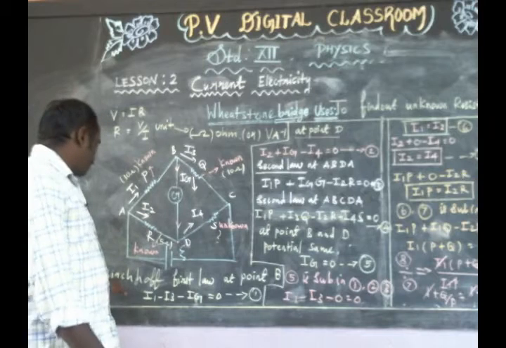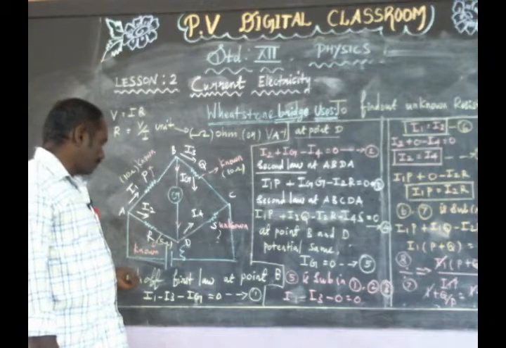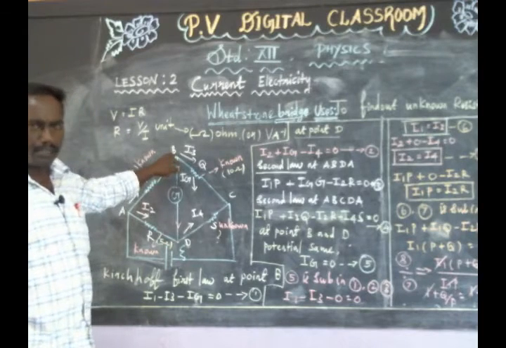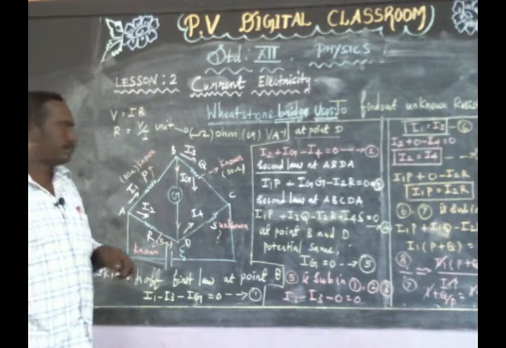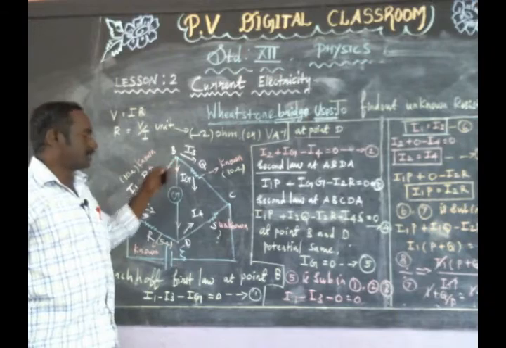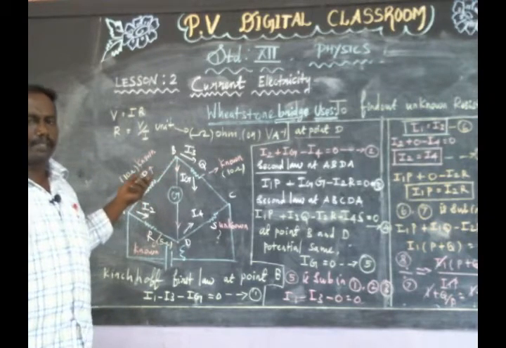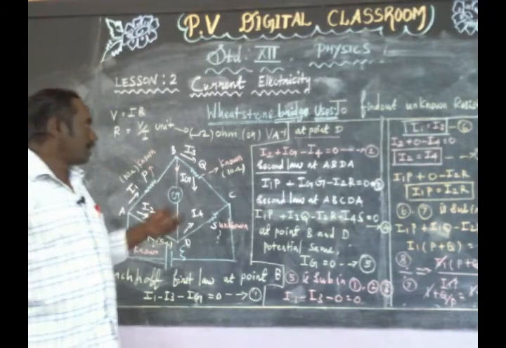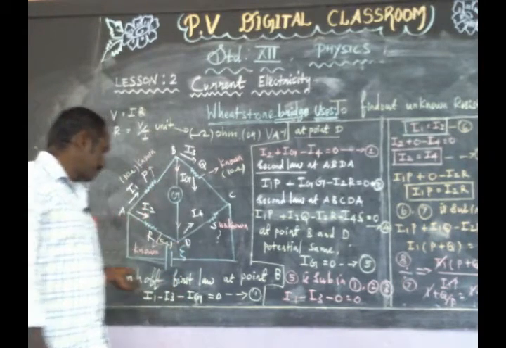First you apply Kirchhoff's first law at point B. We know the algebraic sum of the currents at a junction is 0. Current toward the junction is taken as positive, away from the junction as negative.